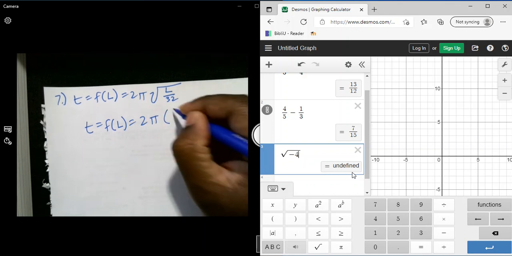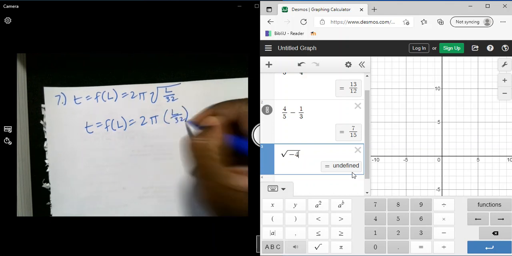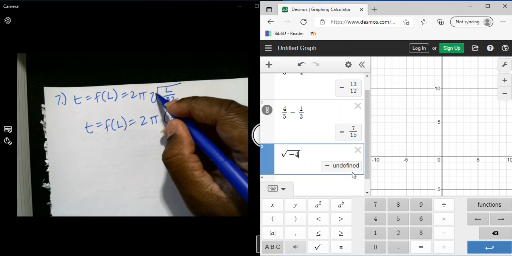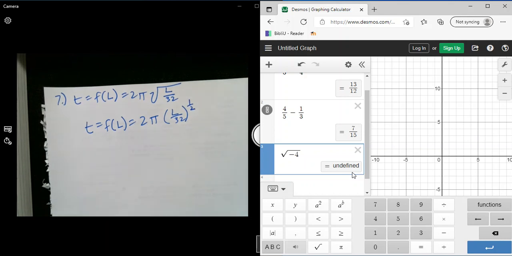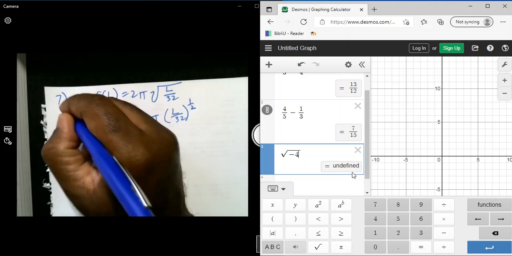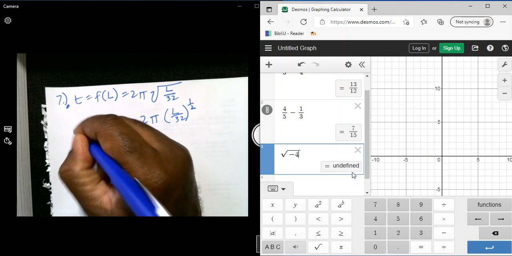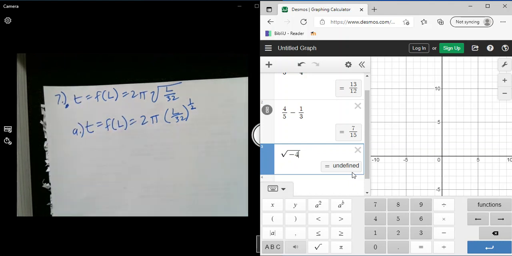So we would have L over 32. And remember, this is a 2. So we would take the reciprocal of this index, and that will become the exponent. So the reciprocal of 2 is 1/2, and that will become the exponent. So this is the answer for A. This is what they wanted for A.